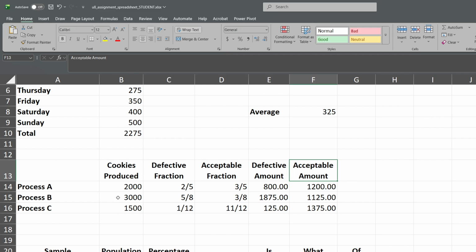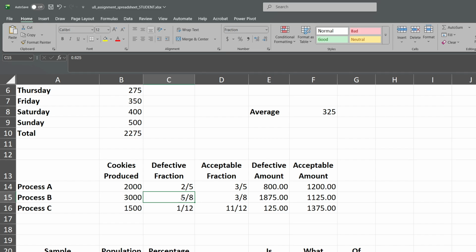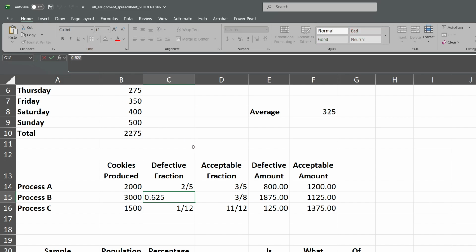Okay? And then I said, well, process A had 2,000 cookies, process B had 3,000, and process C had 1,500. I did our little trick with the fractions, which, by the way, 2/5 equals 0.4 in decimal, and 5/8 equals 0.625 in decimal. So this is another little trick.